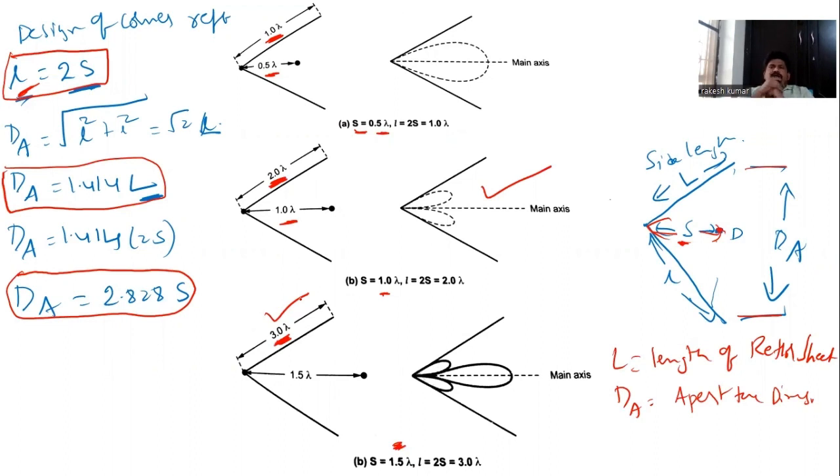If you want to go for gain, you take less spacing. So these are the aspects of design of corner reflector, all the things regarding corner reflector.